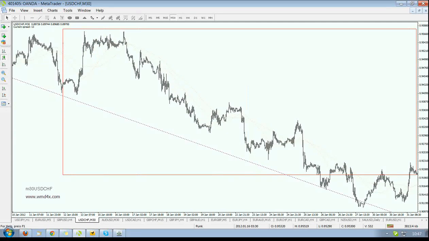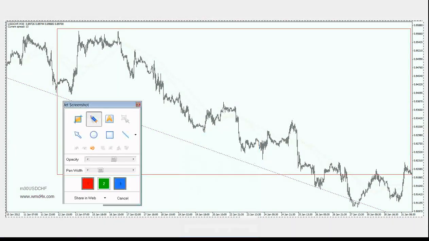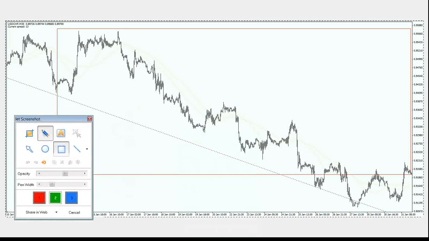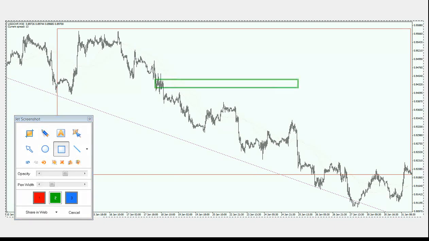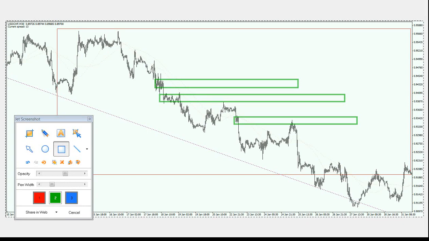All right, so what I'm going to do is I'm just going to perform the exercise of marking off the clusters, right? So we can see a cluster there, we can see a cluster here, so look, we can see a cluster here. Quite an interesting one, right? We've got a cluster here, right? So that probably makes our ideal example of this structure.